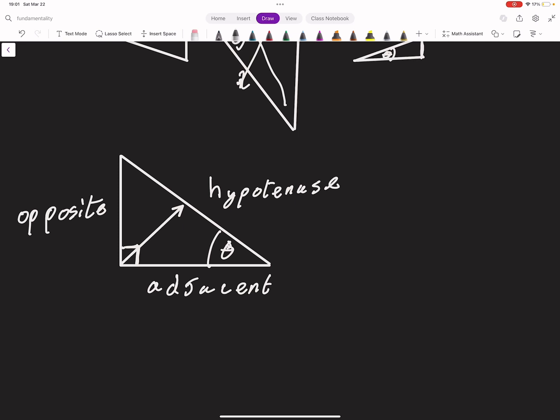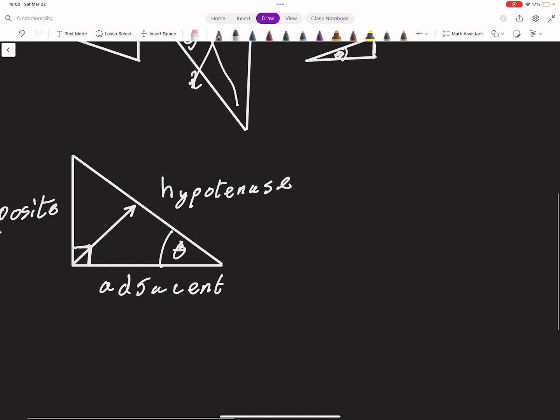Now the trigonometric ratios relate the angle to these sides. What we use to remember this is SOHCAHTOA.